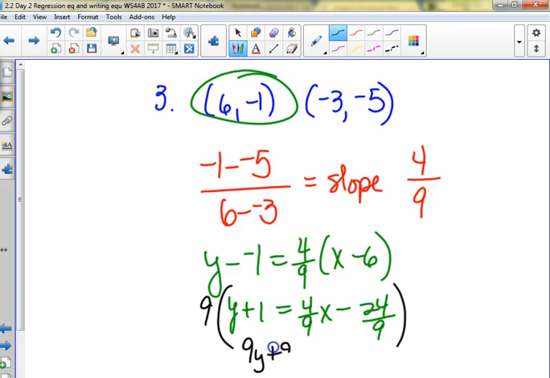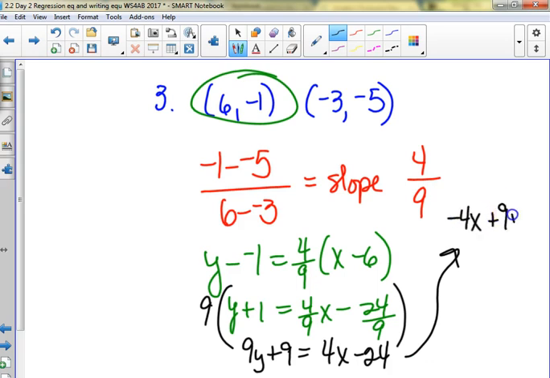So I get 9y plus 9 equals 4x minus 24. What else does standard form require? So if I move the x to the other side, I have negative 4x plus 9y equals negative 33. If I change all the signs, I have 4x minus 9y equals 33. And it asked you to bubble the value for c, which would be 33.